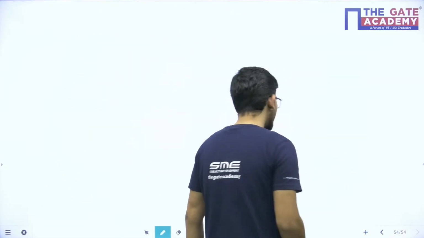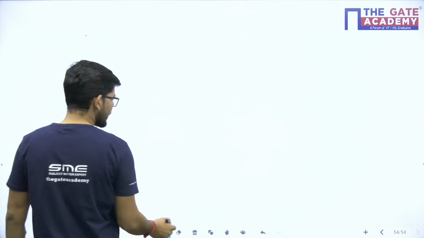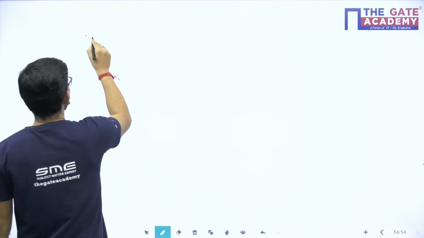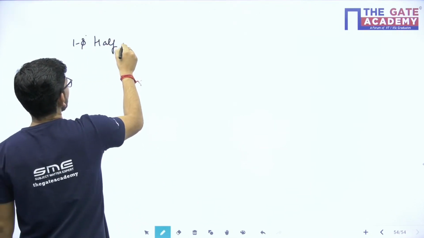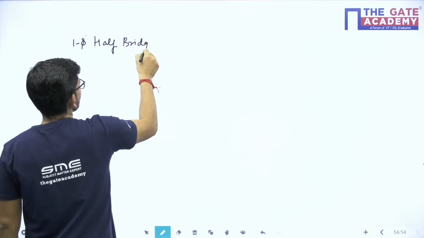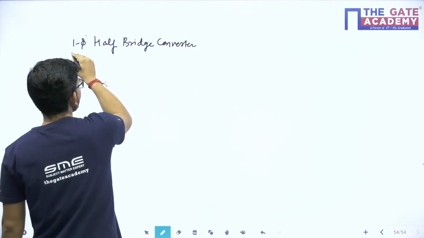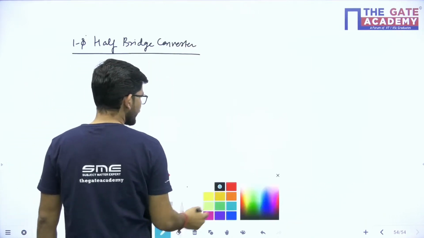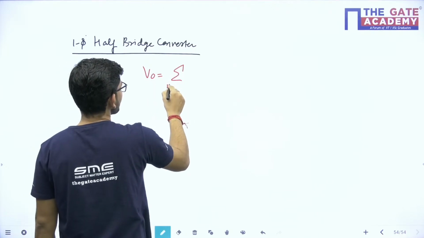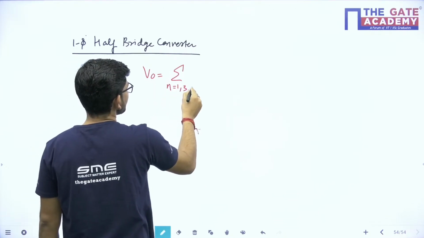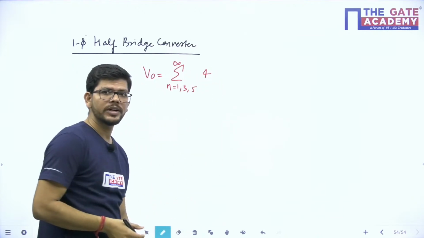Now, what will be the Fourier series in case of single phase half bridge converter? What will be my output voltage? In case of half bridge converter, my output voltage Fourier series will be for n equals 1, 3, 5. It is a simple case of a square wave.